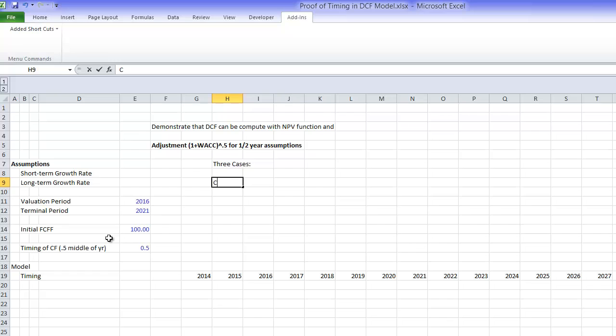Case 1 is theoretically the true value. That's what we're going to put over here. And then case 2 will be no timing adjustment.